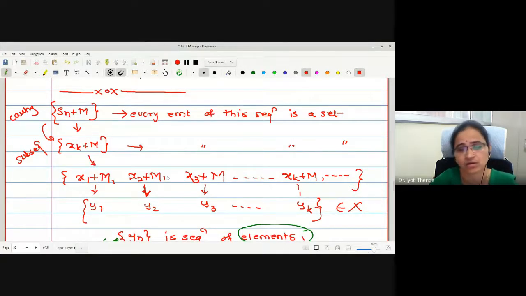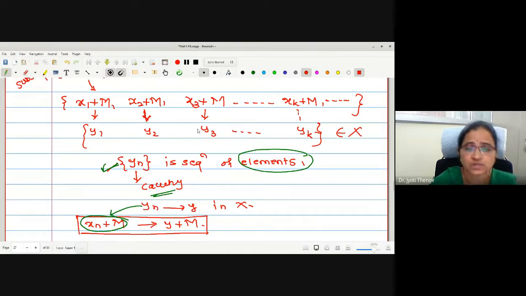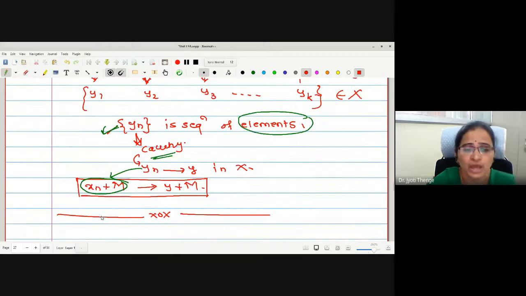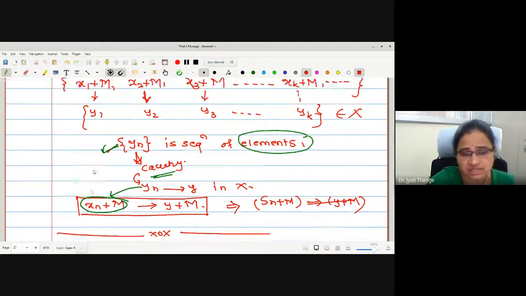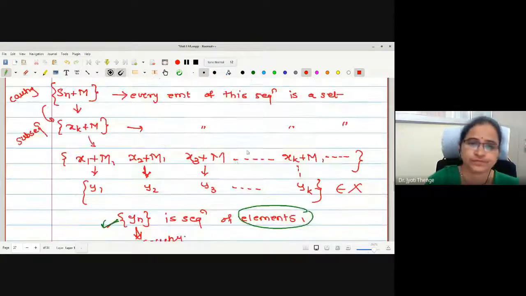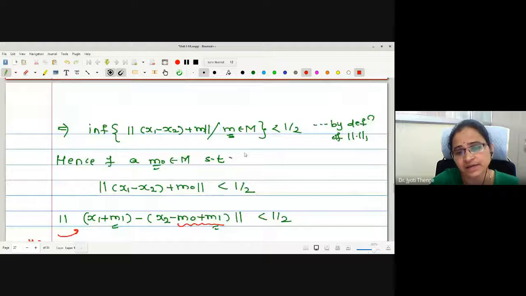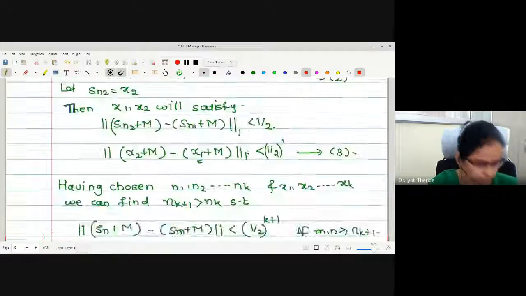And then we have shown this yn is Cauchy. Once it is Cauchy, it will be convergent because X is complete. Then lastly, our job remains to show xn plus m converges to y plus m, which will imply Sn plus m converges to y plus m. If you understand this scheme, then there is no difficulty to write that. If you still have any difficulty, you can ask me throughout the proof.